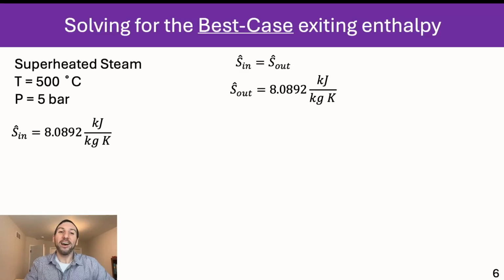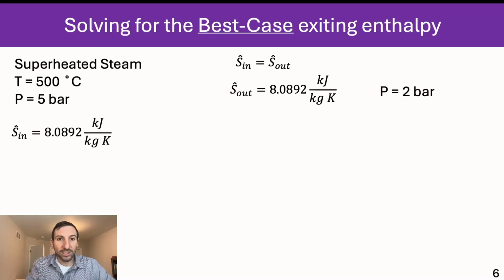Great. Now that we know that, the next part of this is to figure out, okay, what's the theoretical enthalpy that corresponds with that outlet entropy? So from here, we're going to do some detective work. We're going to figure out what is that outlet enthalpy, and we're going to do some interpolating to get there. So as a reminder, we know that the outlet is going to be at 2 bar.